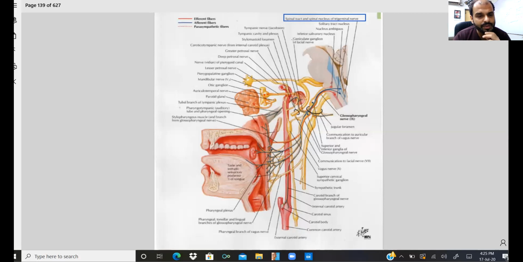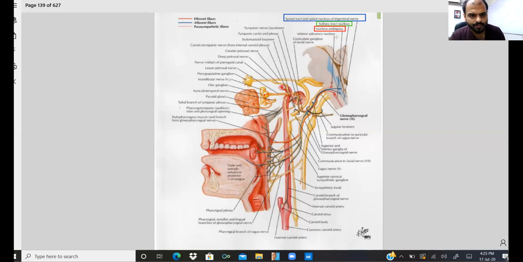What was the color of the special sense, the taste? It was green. This one, the solitary tract nucleus. What was the color of the motor nucleus? Ambiguus. It was red, I guess. Red. Yes. And what was the parasympathetic one? It was orange in color. Orange. This is here.